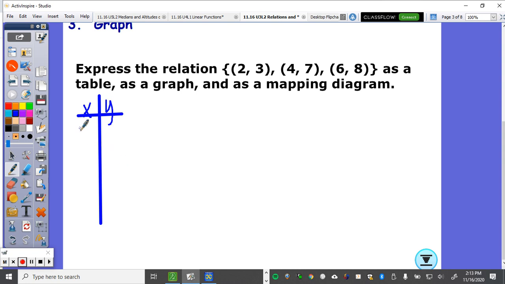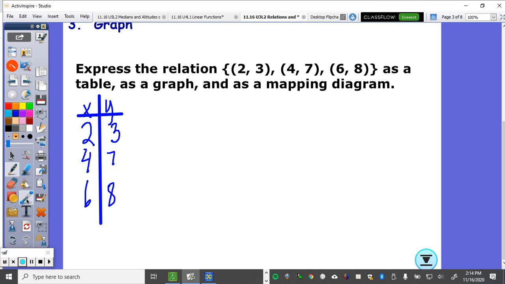When I plugged in this x value, I got this y value back. When I plugged in this x value, I got this y value back. And when I plugged in this x value, I got this y value back. So that's the table.